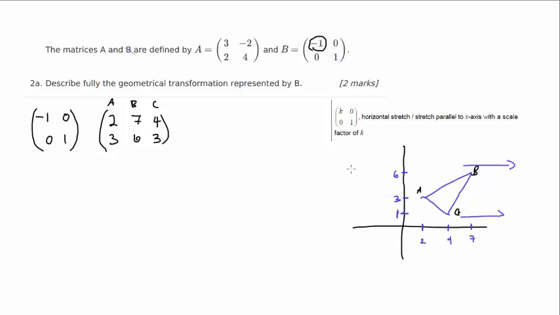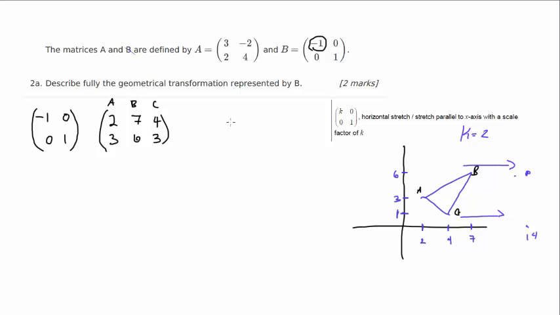And if k were equal to 2, then yes, this point would move twice the distance. So point B would be somewhere over here at 14 because we're multiplying with this scale factor of 2.